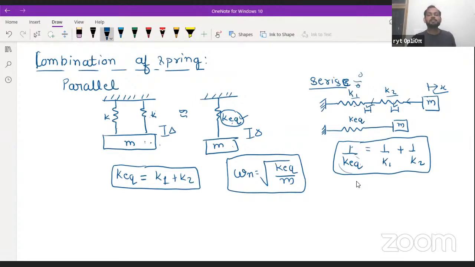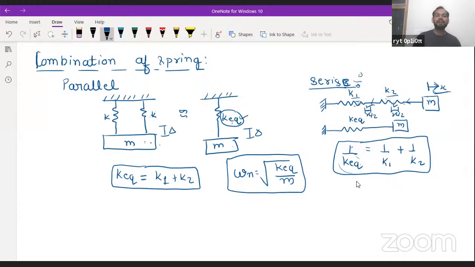The force inside the springs is the same, but the displacement inside a spring is not the same as that of the mass. The displacement inside a spring may be, say, x by 2, but it will not be the same as the displacement of the mass. Then the springs are said to be in series.